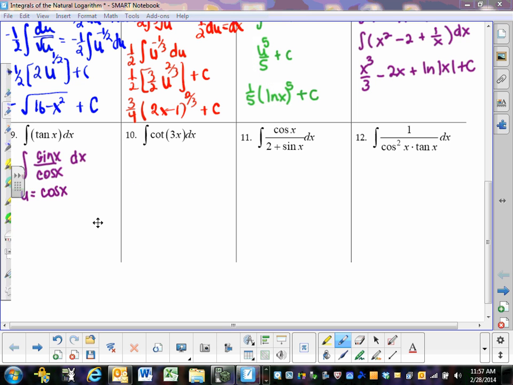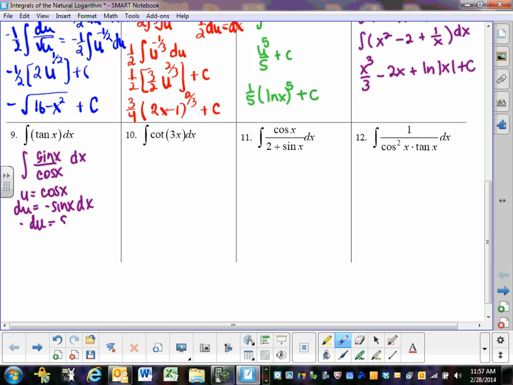Okay, so this next one, I'm going to rewrite this so that it's a fraction. So that I have sine of x over cosine of x dx. Du will never, ever, ever be on the bottom. So that means that my u has to be the bottom.